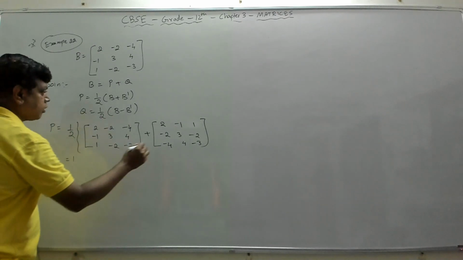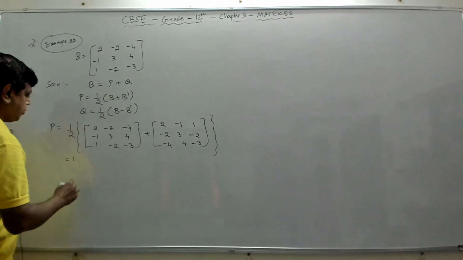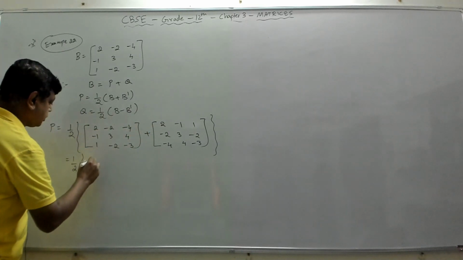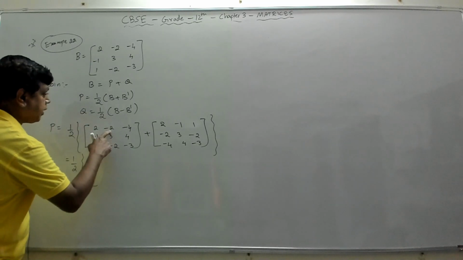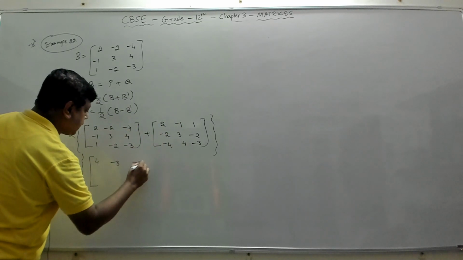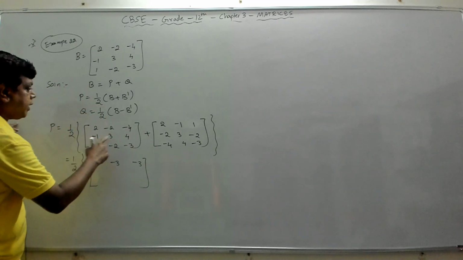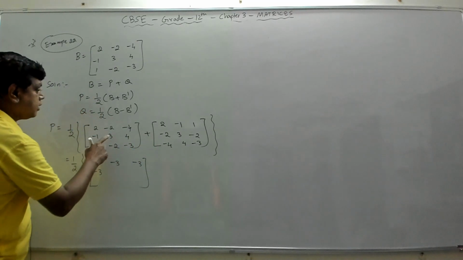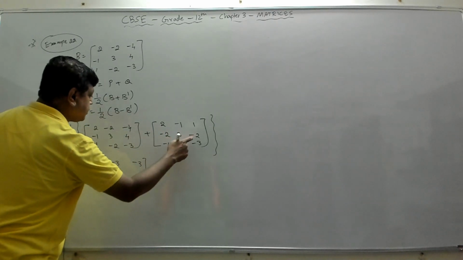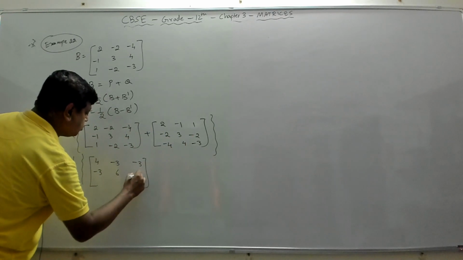You get 1 by 2 of bracket starting: 2 plus 2 is 4. Minus 2 minus 1 is minus 3. Minus 4 plus 1 is minus 3 again. Then 1 minus 1 minus 2 is minus 3. 3 plus 3 is 6. Then 4 minus 2 is 2.